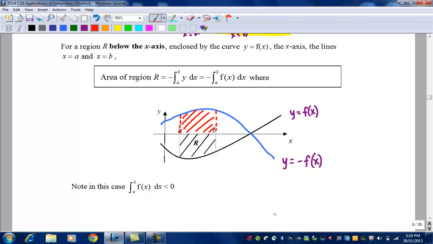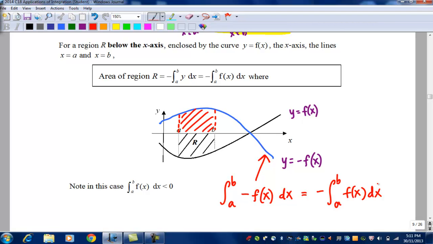Recall what we have learned in the earlier section: to find the area under this graph, I can integrate from a to b the negative of f of x dx, because essentially I'm looking at this particular graph, the area under that graph. That is equivalent to negative integral from a to b f of x dx.